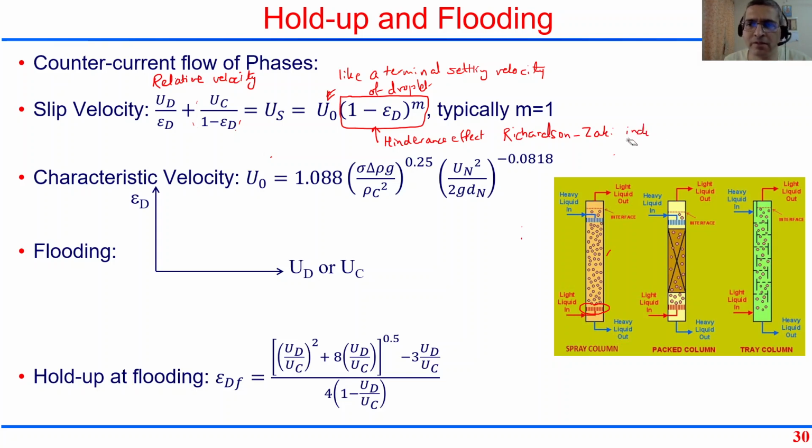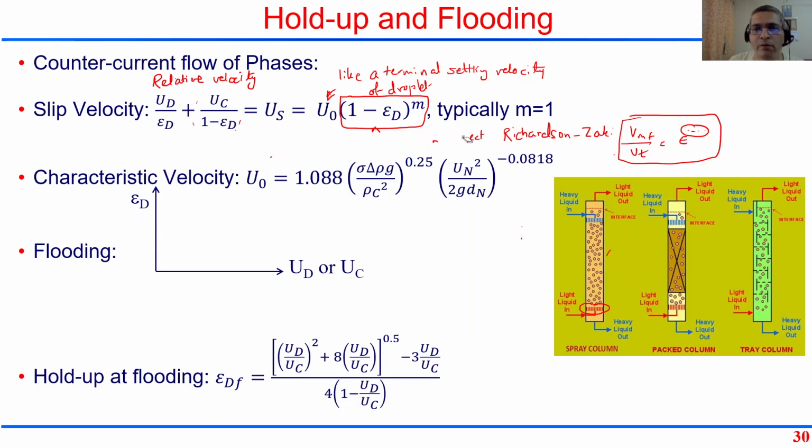Richardson-Zaki index or Richardson-Zaki correlation, where you relate the minimum velocity for fluidization with the terminal velocity of those particles. You had terms like this, Vmf by Vt equal to something epsilon raised to some number. You must have seen them sometime earlier.